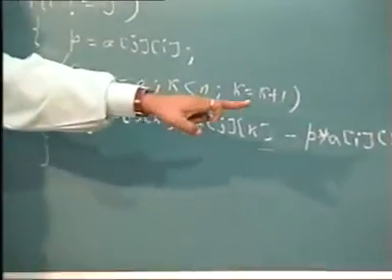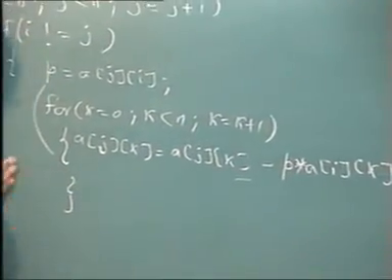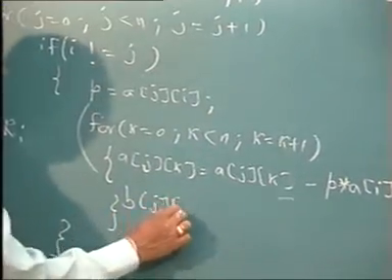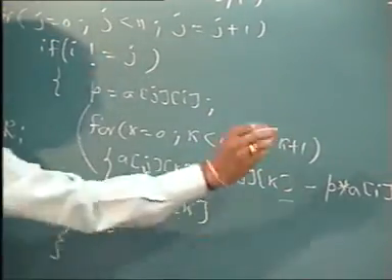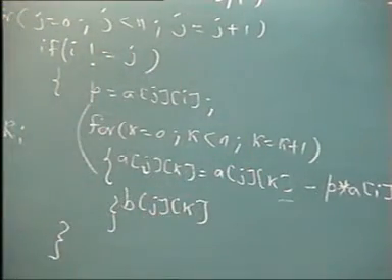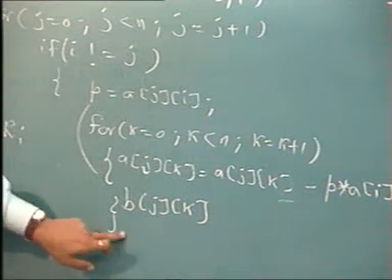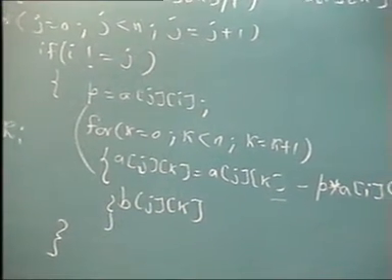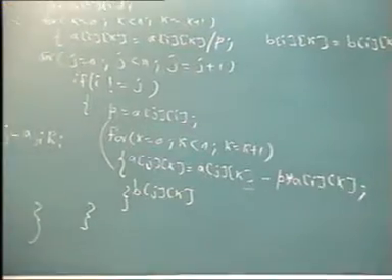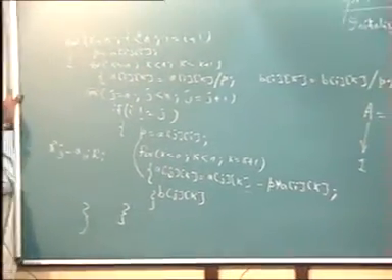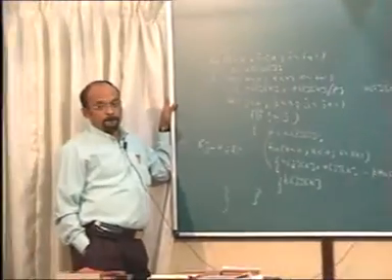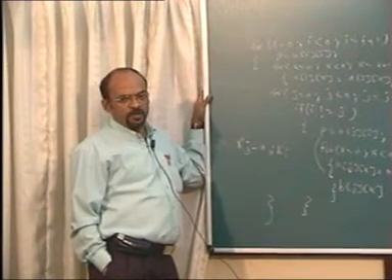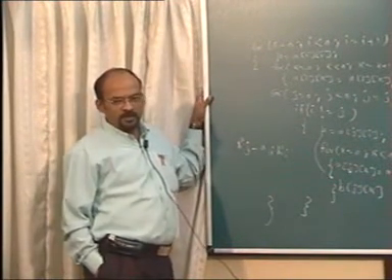Write the same thing for B. If you write B of jk equal to, everything the same in B, and then if you print B, it will be the inverse. Then it will be the inverse. See, the same job that you do on paper is what you have to do.